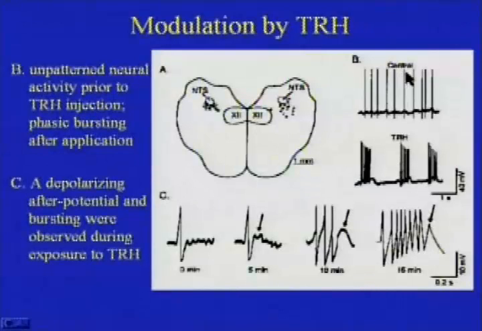So what's happening is, under normal control conditions, you have the neuron showing spontaneous activity over a period of time, with not a characteristic pattern of bursting, but a characteristic pattern of firing.